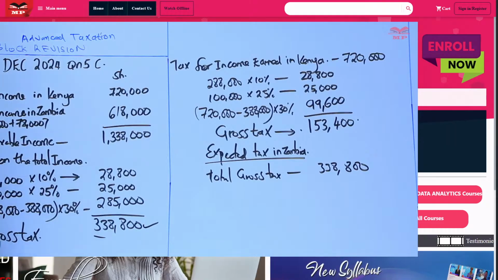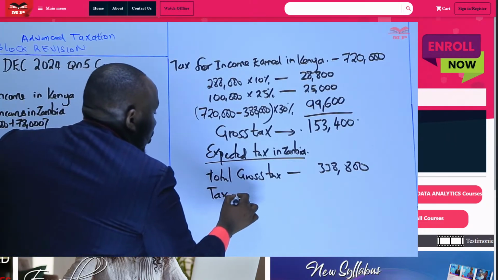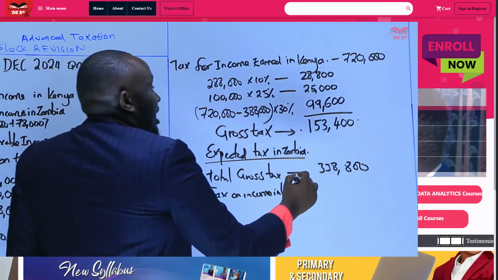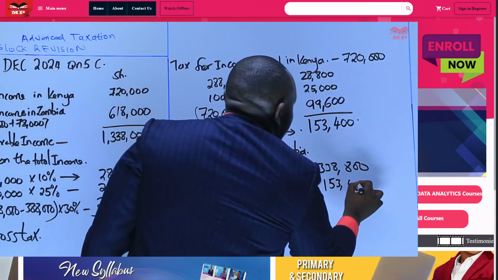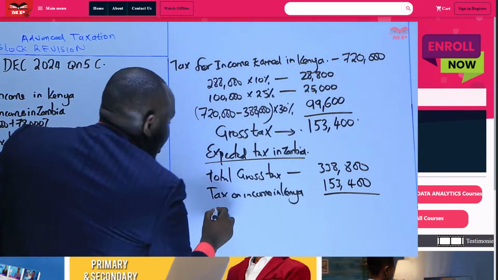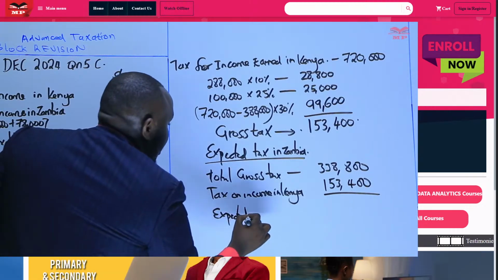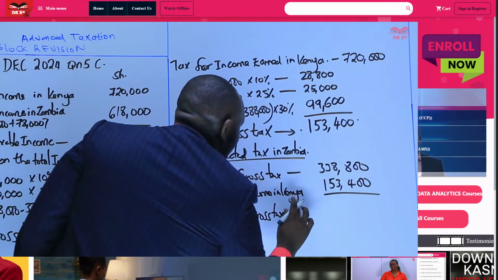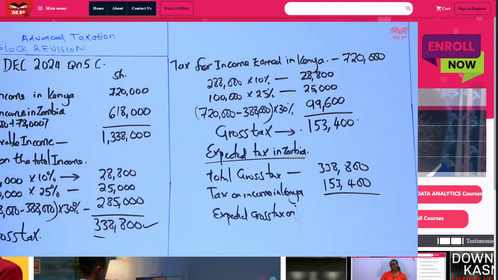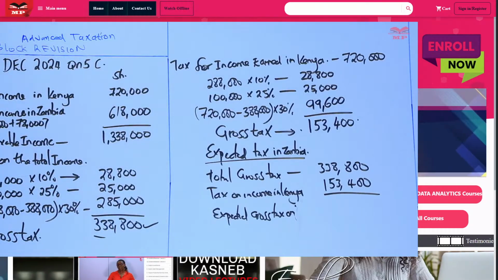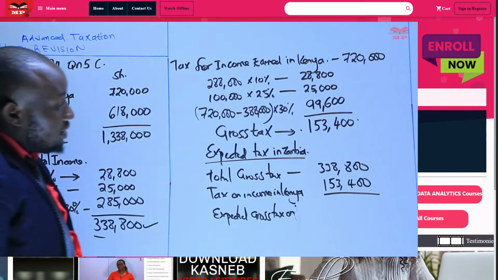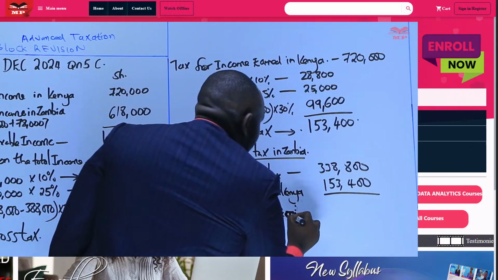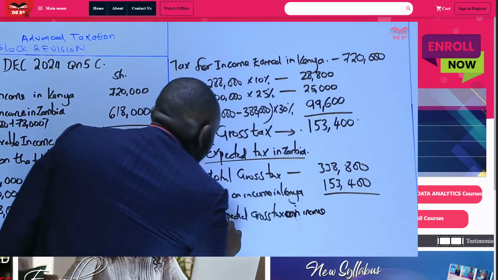Then tax on income in Kenya, we have 153,400. So expected gross tax on income in Zambia.